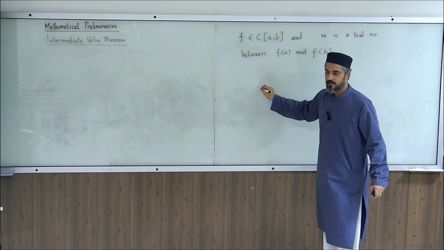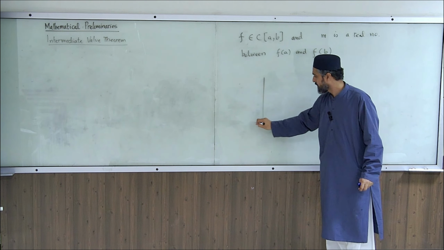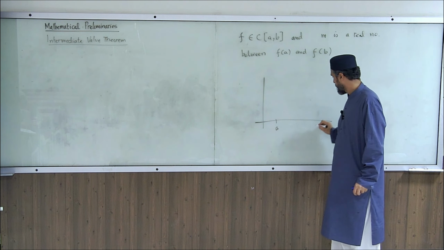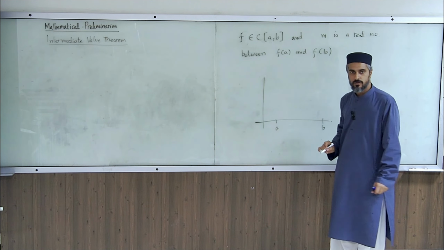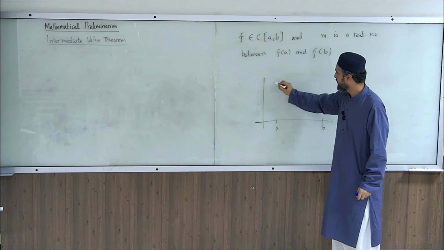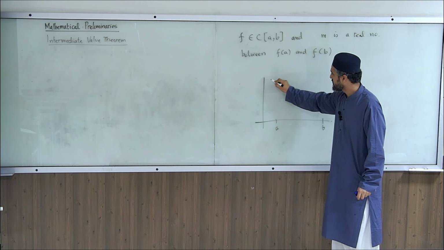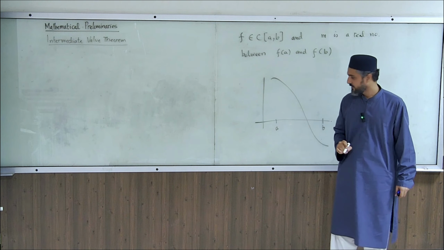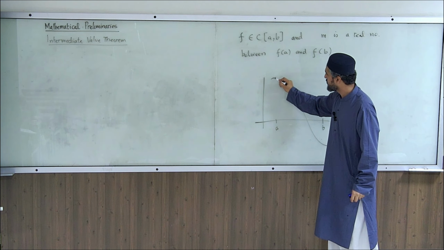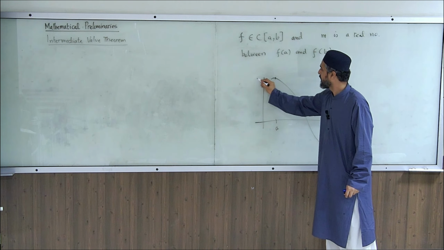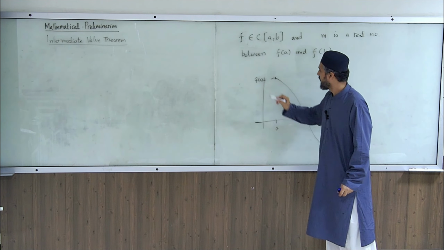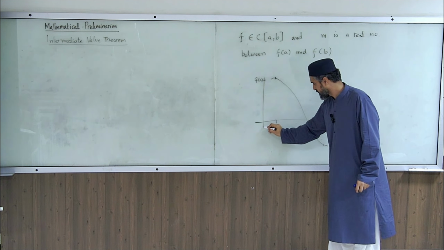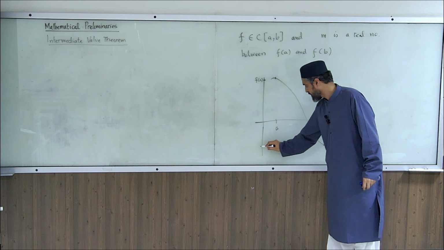So for example, I just plot, so this is a and this is b, and for example, this is the function f. So this height is f of a, and this height is f of b.